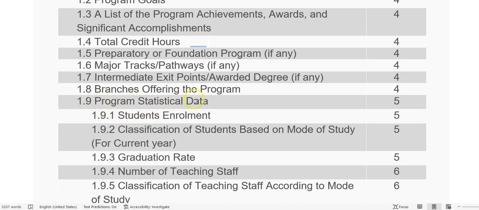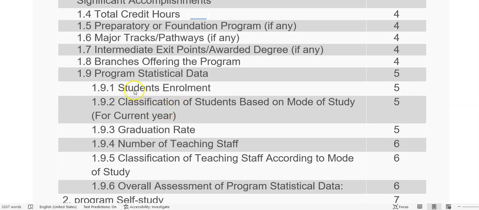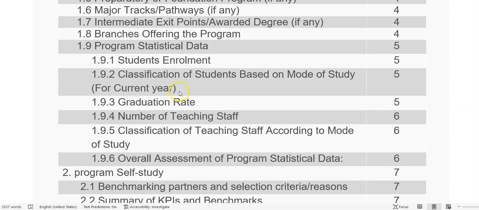Under the program statistical data, we have students enrollment, classification of students based on mode of study for the current year. Current year means the year that you are writing the SSRP. Maybe you are in the first semester and you are writing for the previous year, so the current year is the previous year.